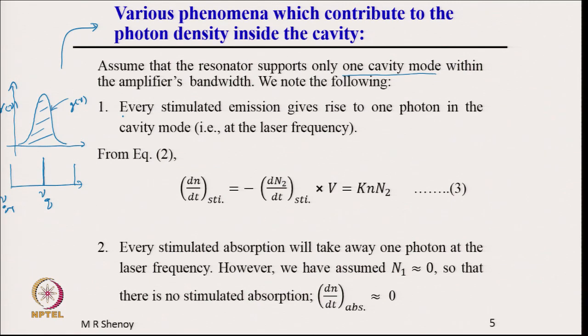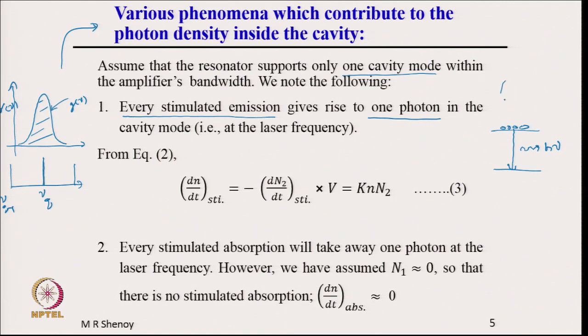Every stimulated emission gives rise to one photon in the cavity mode. That is, we have a stimulated emission taking place, there are a large number of atoms. So, every atom coming down here gives rise to one photon h nu to the cavity mode, to this longitudinal mode, because there is only one mode present.